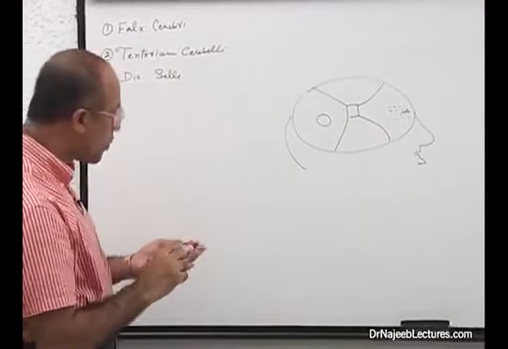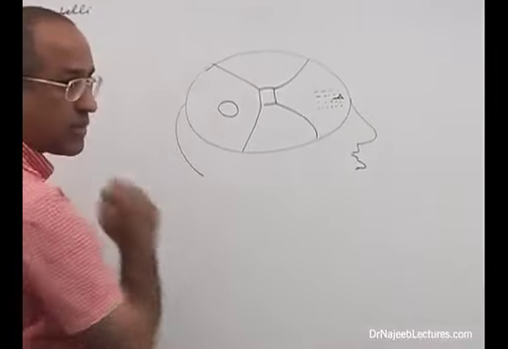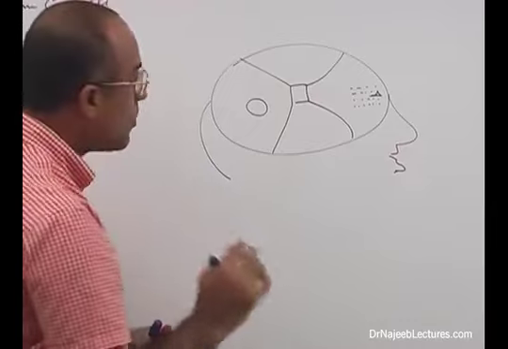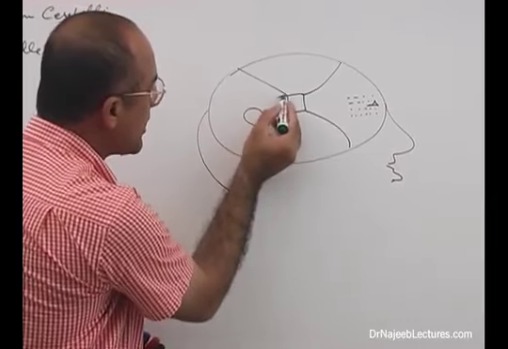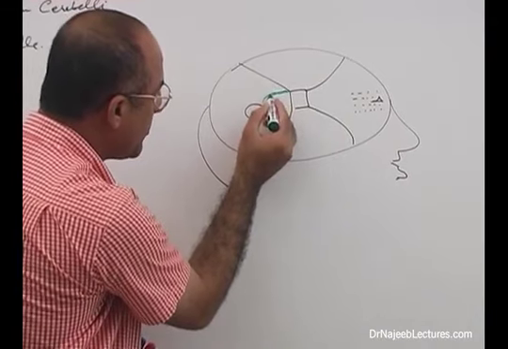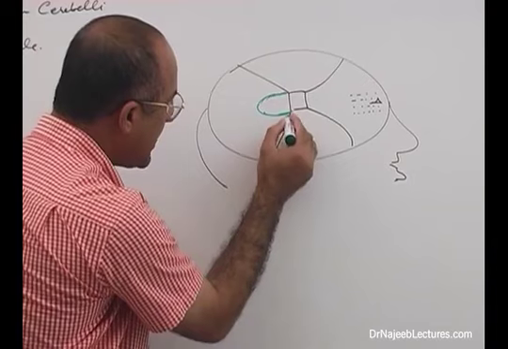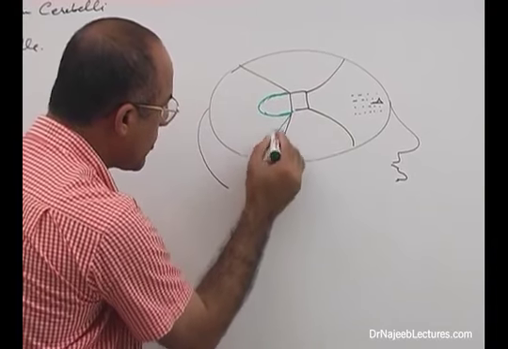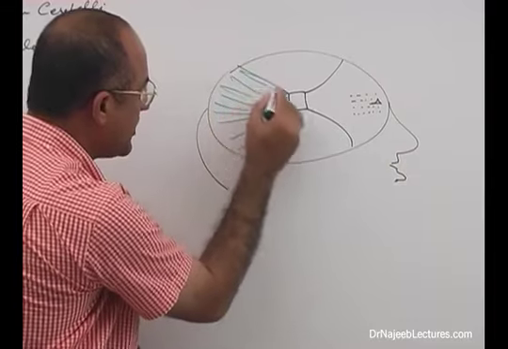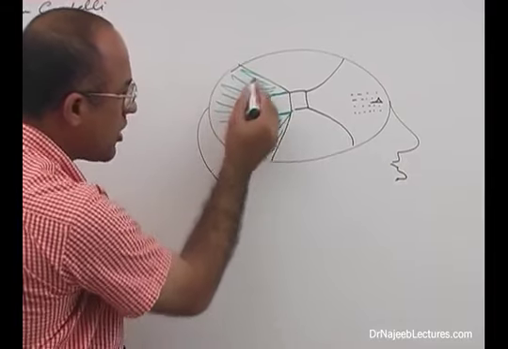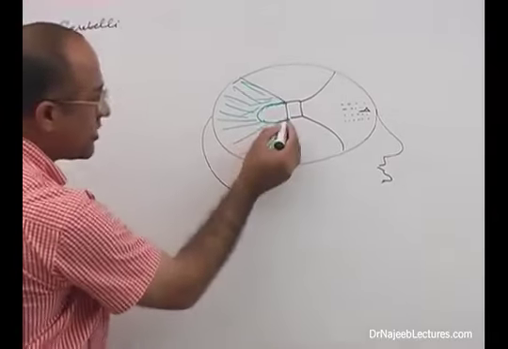Tentorium cerebelli is a fold of dura mater, which basically is making a notch here, and it is extending. I will tell you exactly, anteriorly this fold of dura mater is attached with the clinoid processes at this point.